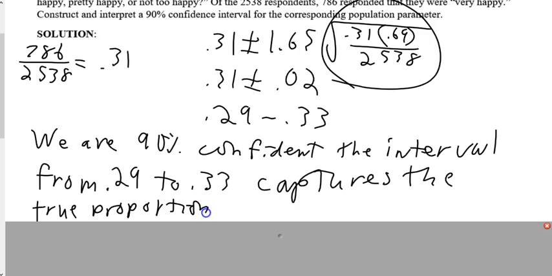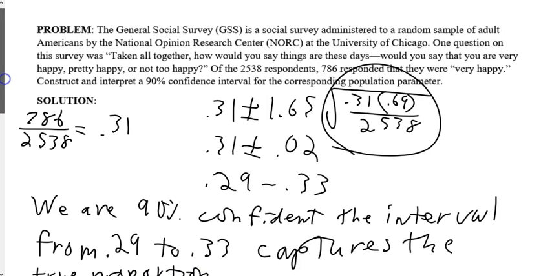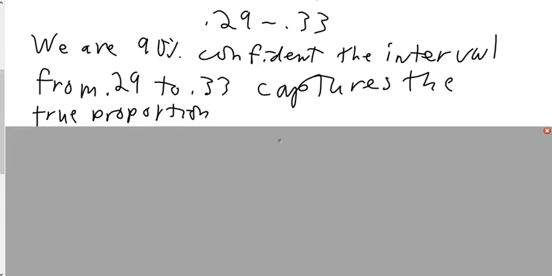And then this is when we just look back at our problem. What's it capturing the proportion of? So it's taken all together. How would you say things are these days? And it says 786 responded they're very happy. So the true proportion of people who answered very happy.